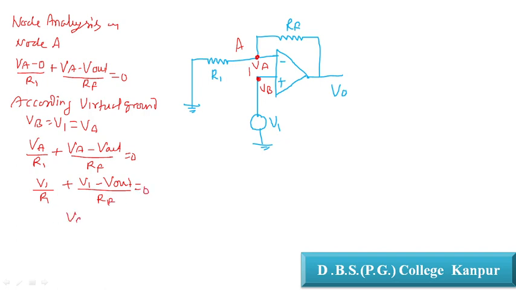On solving that, we are getting Vout upon V1 equal to 1 plus Rf upon R1. That is also called the voltage gain.